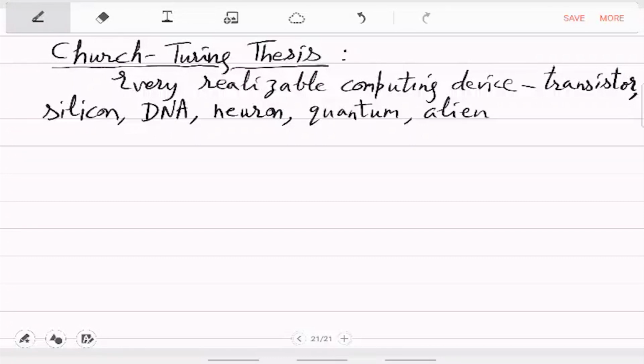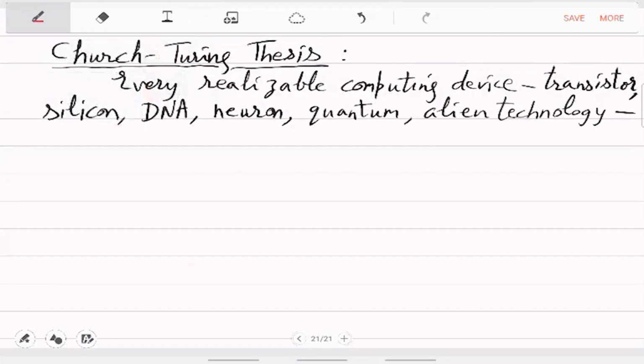Or any, even for now, alien technology. Everything can be simulated on a Turing machine.